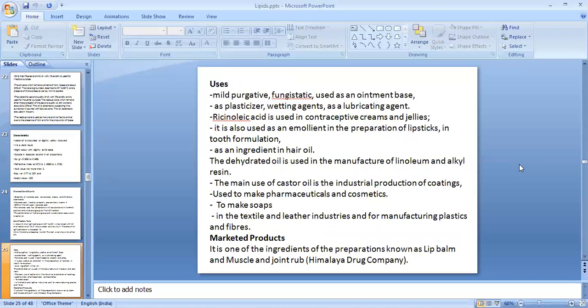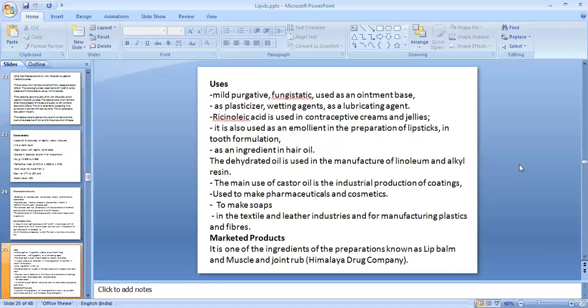Ricinoleic acid is also used in the preparation of contraceptive creams and jellies. And it is used as an emollient in the preparation of lipsticks and in tooth formulations. It is also one of the ingredients in hair oil. It is said that it stimulates hair growth.